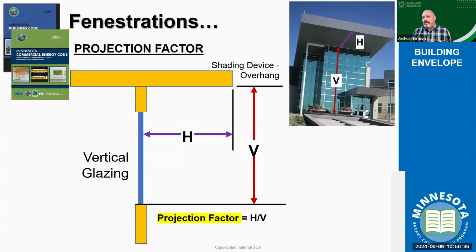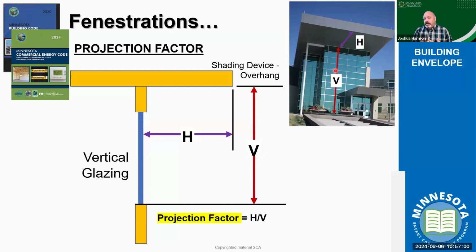The same concept applies in commercial applications. We provide large overhangs to block direct sunlight into our windows. So projection factors can have an impact on how a building operates and how we evaluate certain solar heat gain coefficients.